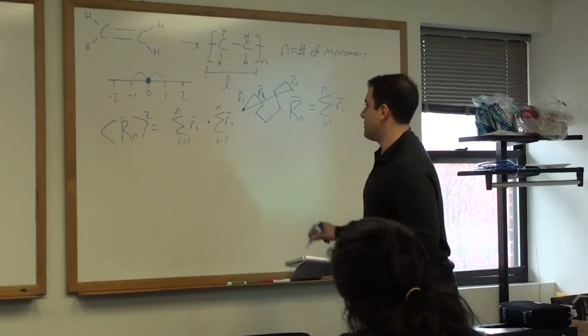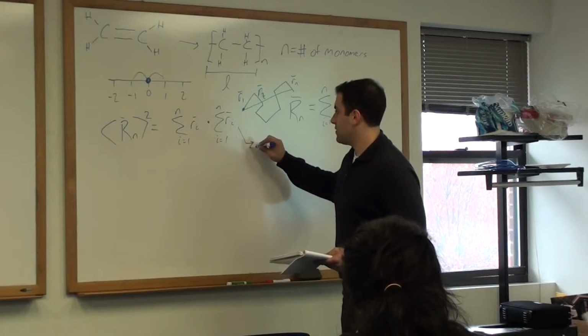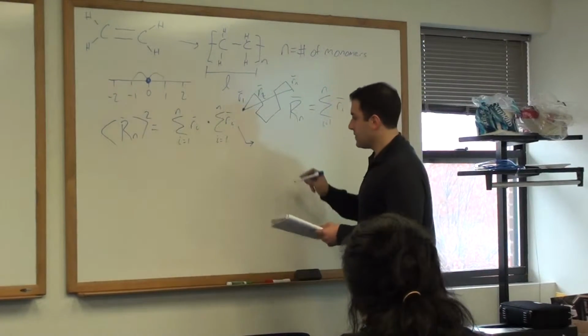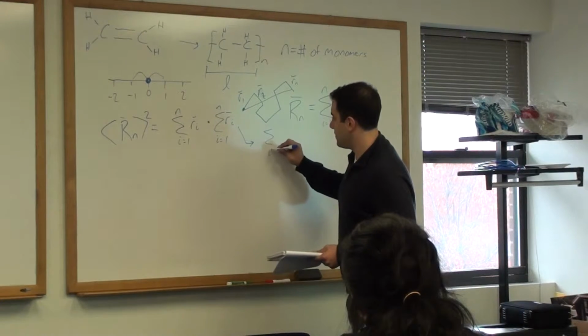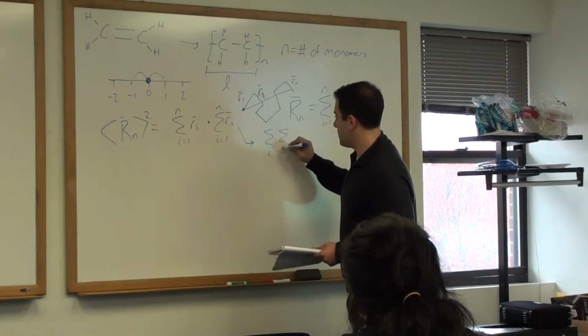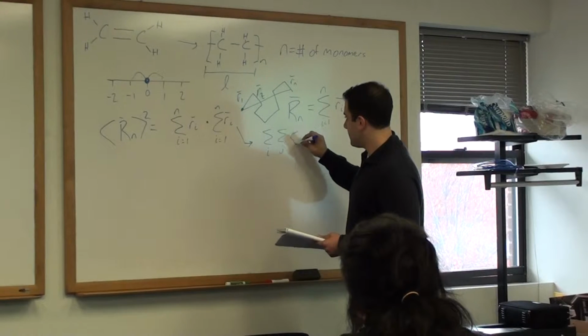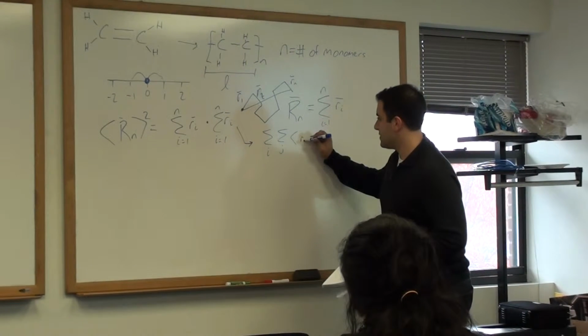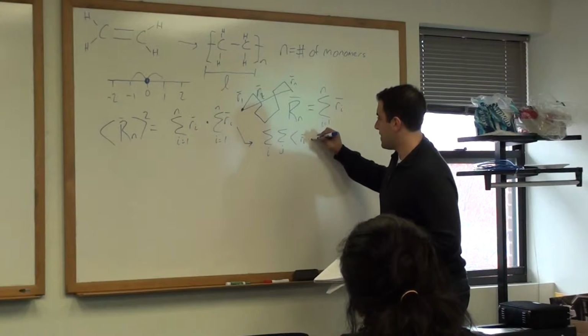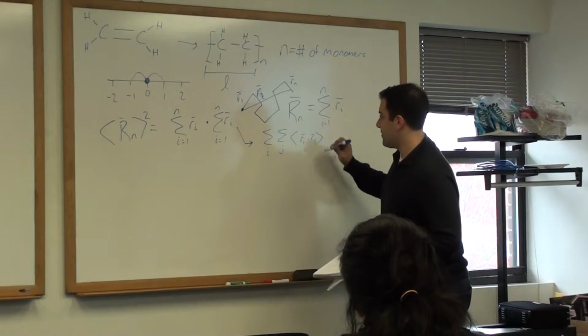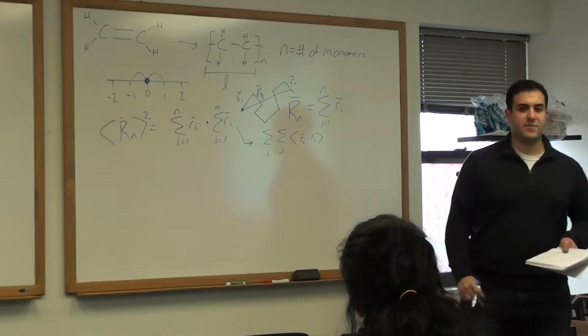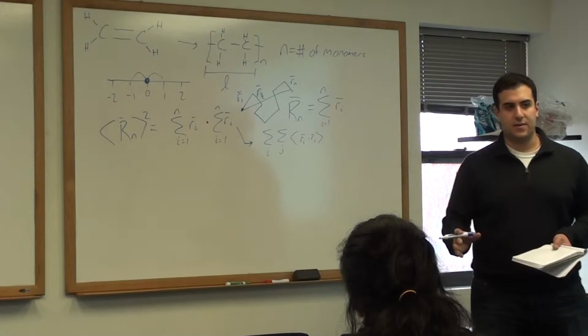And this, of course, can be rewritten as a double sum of the step vectors Ri dotted with Rj. Then these two values, i and j, are just step vectors in the same polymer chain.